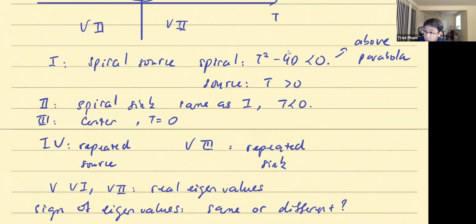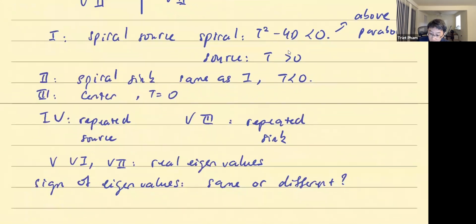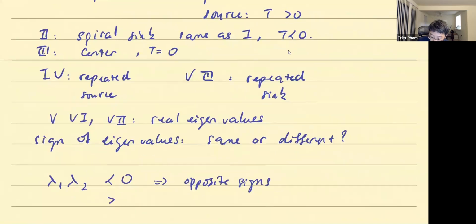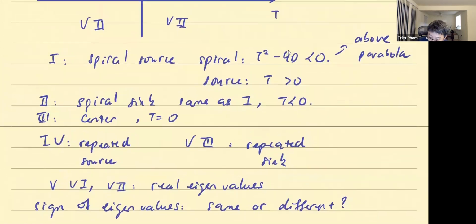And how do we tell? To check whether the sign is the same or different, you do lambda 1 times lambda 2. Because if lambda 1 times lambda 2 is negative, that means they are opposite sign, and if it's positive, that means they are the same sign. Is that okay?